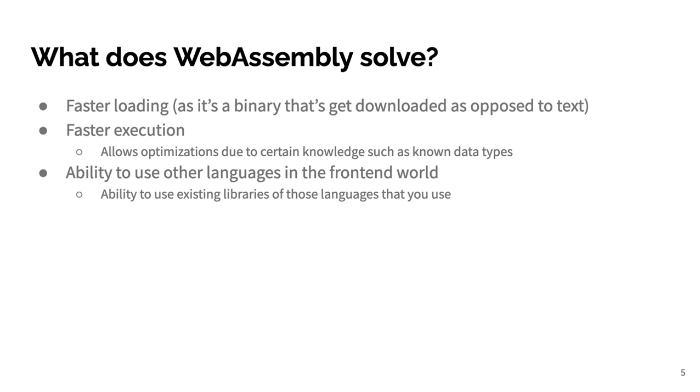So it achieves faster loading and of course faster execution, because it is written in a strongly typed language and you compile it. So the compiler knows beforehand some of those types that you have for those variables and whatnot, and that allows it to add optimizations targeted for various hardware architectures. So that's definitely one of the goals.